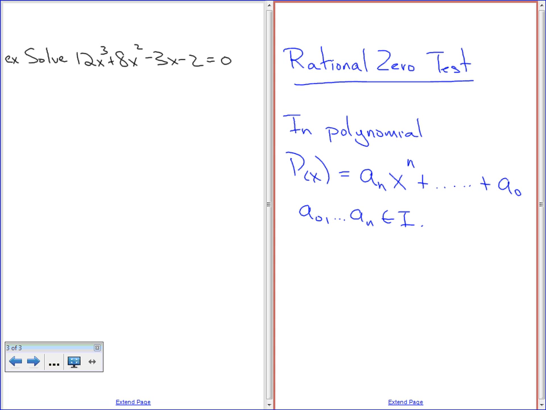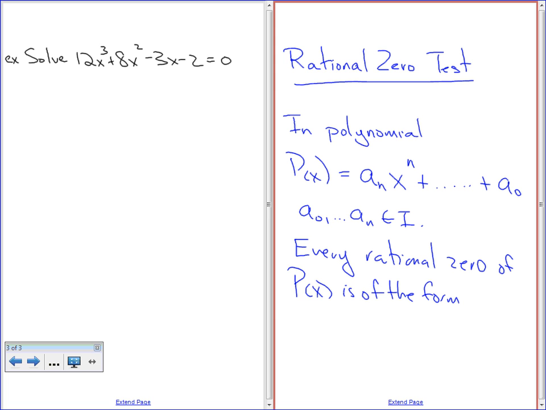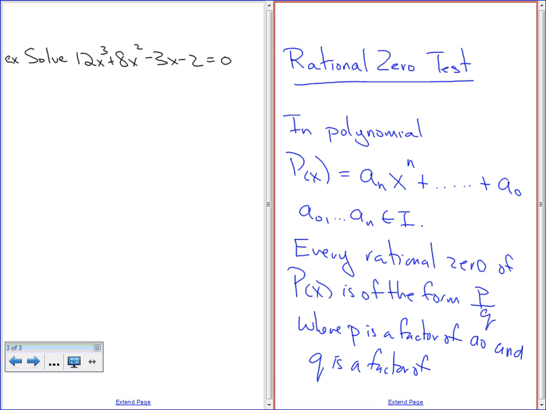Then, if that's the case, every rational zero, and rational zero is a fancy word for saying all the fractional answers, of p of x is of the form p divided by q, where p is a factor of the constant term and q is a factor of the leading coefficient.